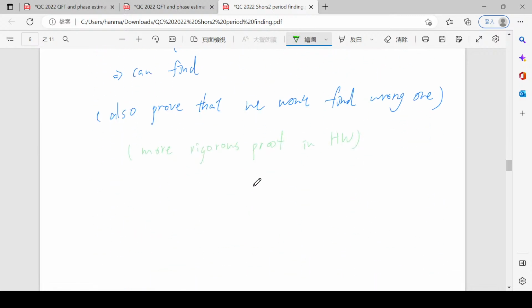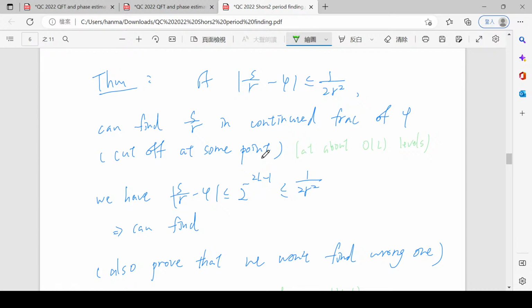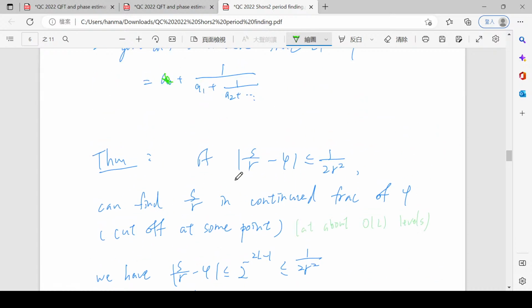we have a theorem here claiming that continued fraction is pretty good. And the theorem, I think we'll have more proof of this theorem in our homework. And the theorem says that for S over R, okay, so the S over R is the thing we want to find.